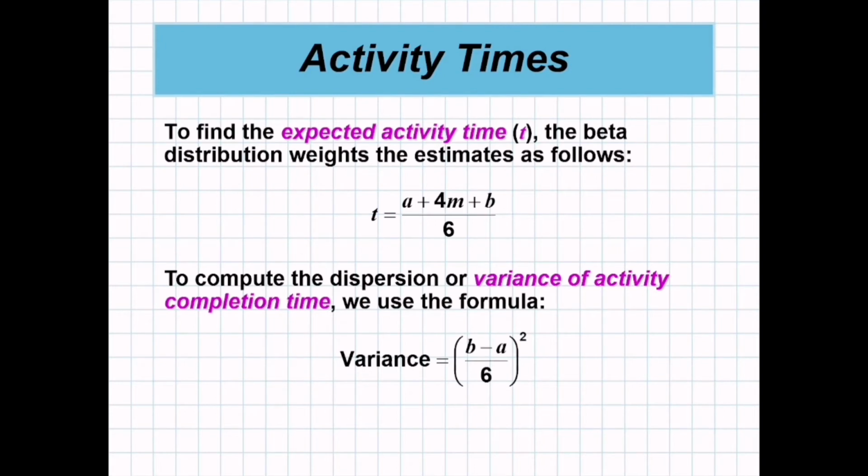To find the expected activity time, or T, the beta distribution weights the estimates as follows: T is equal to (A plus 4M plus B) all over 6. And to compute the dispersion or variance of activity completion, we use the formula: variance is equal to ((B minus A) all over 6) raised to 2.